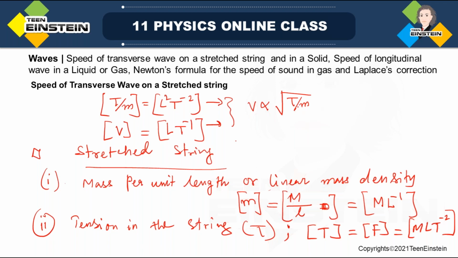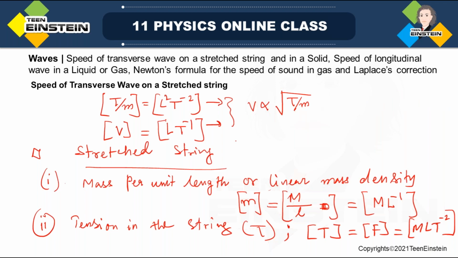If you agree with me, then it will be good, because from here I am writing T by m, which has dimension L square T to the power minus 2. So the square root of that is proportional to L T to the power minus 1.